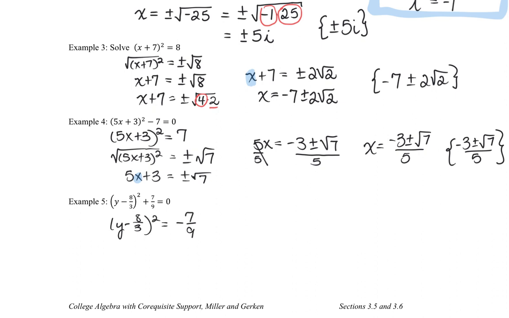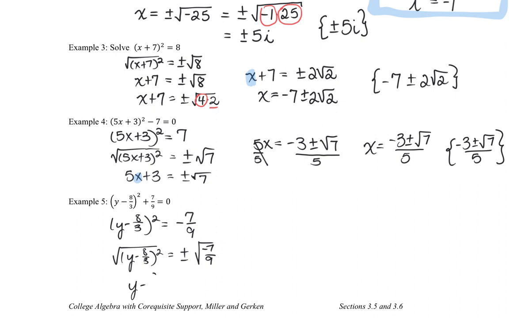And I know I'm going to come up with an imaginary solution, right? Because of this negative. Because the next thing I'm going to do is take the square root. Okay, so a couple things going on with this. First thing I notice is that negative. And whenever I see a negative, I need to go ahead and think of it.